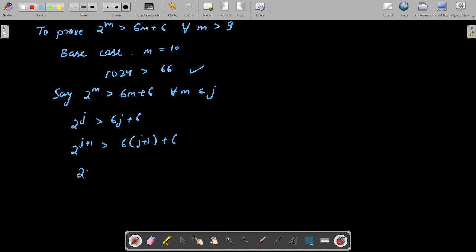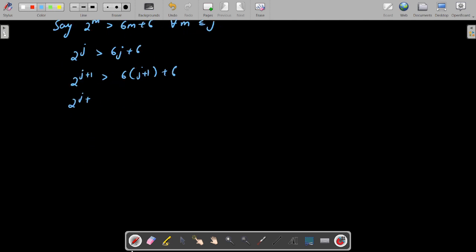So we need to prove that 2 to the power j plus 2 to the power j is greater than 6j plus 6 plus 6.